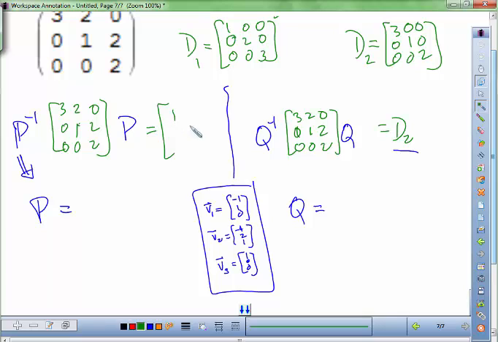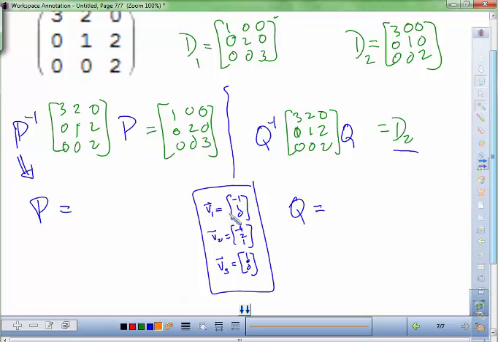D1 is 1, 2, 3 in the diagonals. So the P matrix that would make this work would be: the eigenvalue 1 is in the first column, so we're going to use the eigenvector associated with that eigenvalue, negative 1, 1, 0.